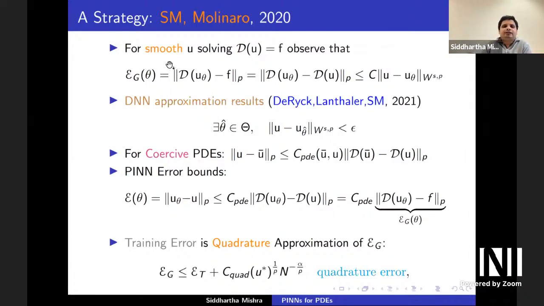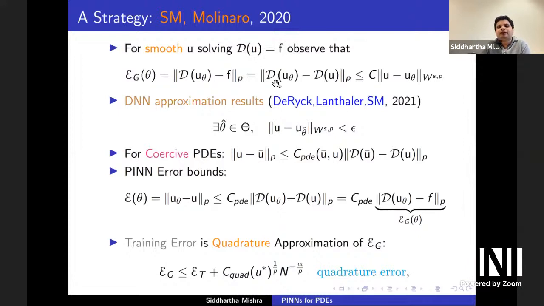Now, it turns out that as long as your PDE is smooth, I'm not going to quantify sufficiently smooth at this general level, but let's say that we can evaluate this differential operator pointwise, the residual pointwise, then look at this here, this is your residual, but remember that we have an exact solution of the PDE, so I can substitute it here.